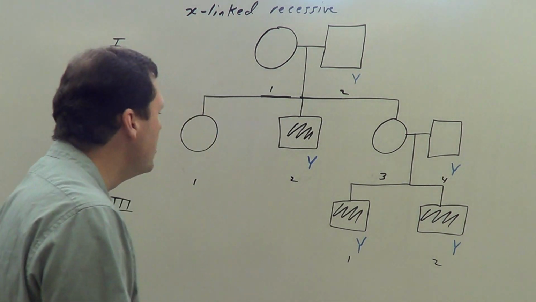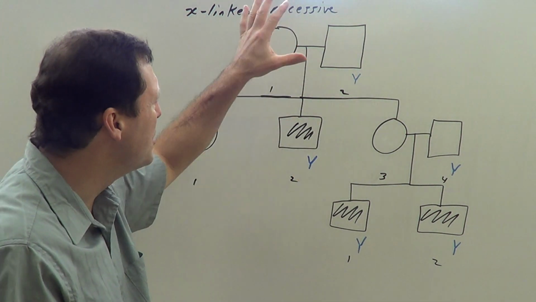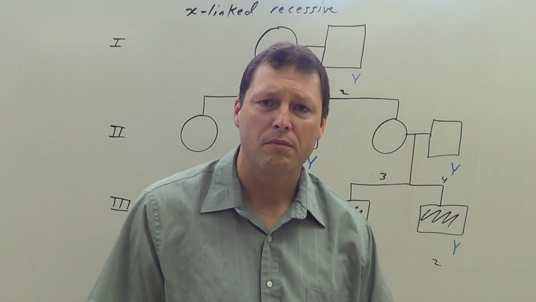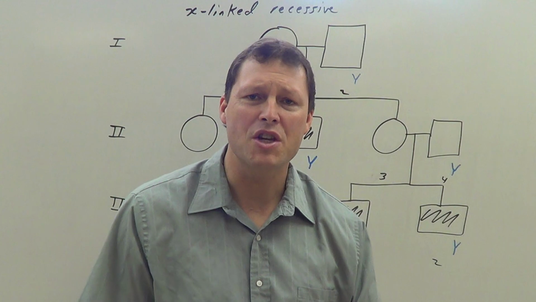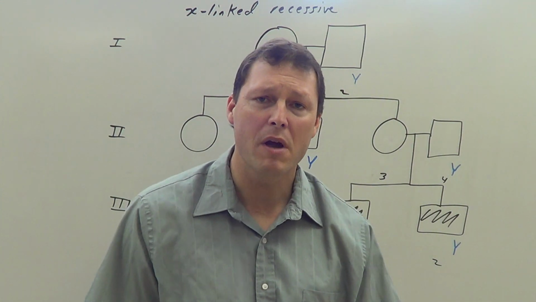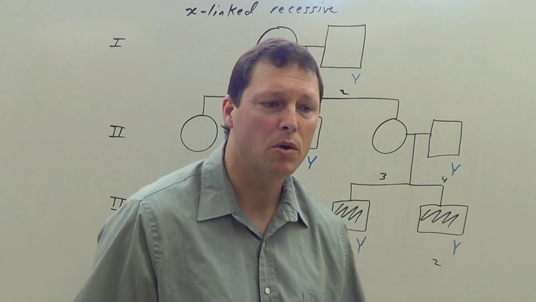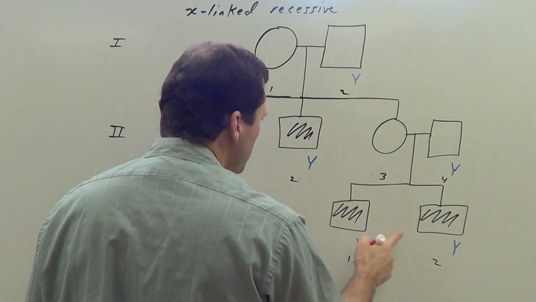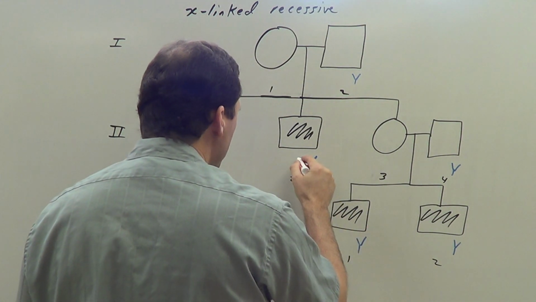Now, this is a recessive condition. That means all affected individuals must have 2 lowercase a's if they're a female and 1 lowercase a if they're a male, because again, males only have one X chromosome. So let's write that down. All affected individuals are going to have lowercase a's.